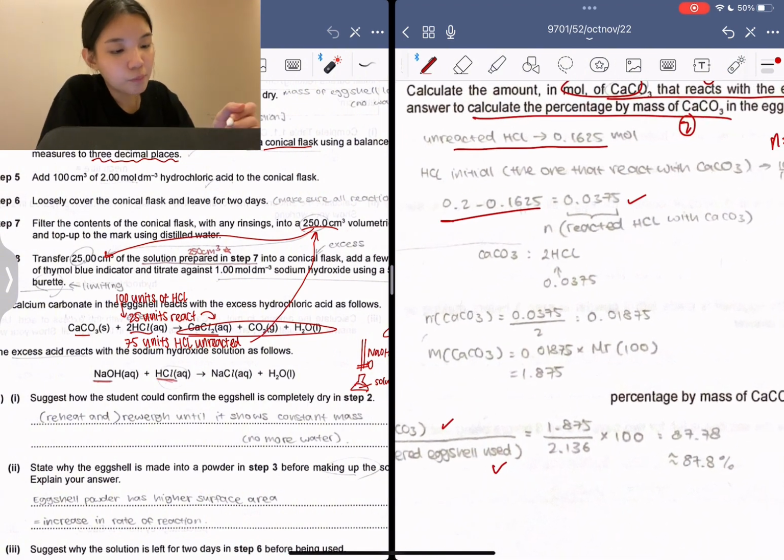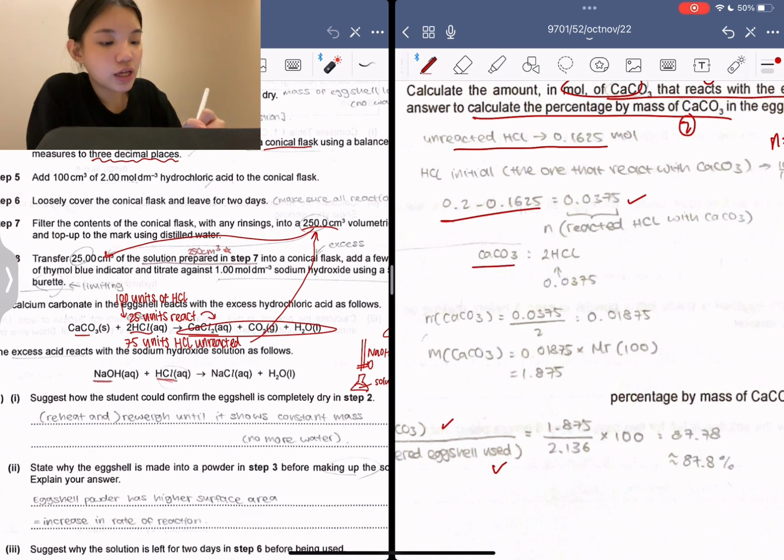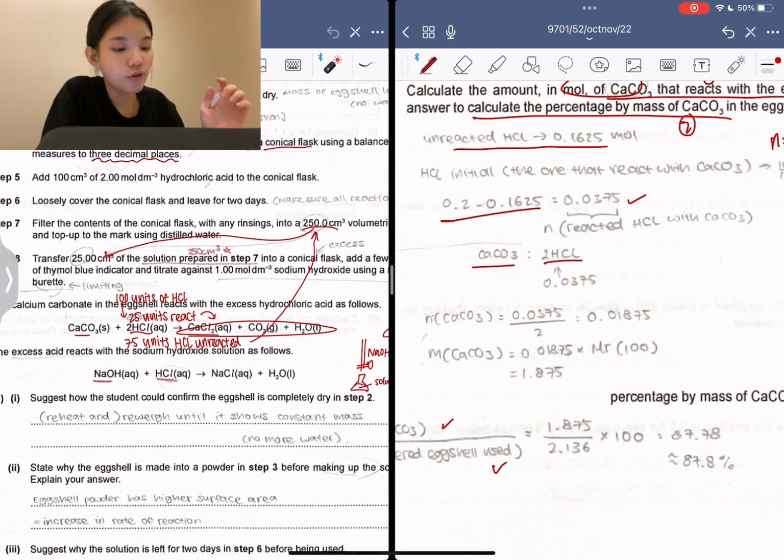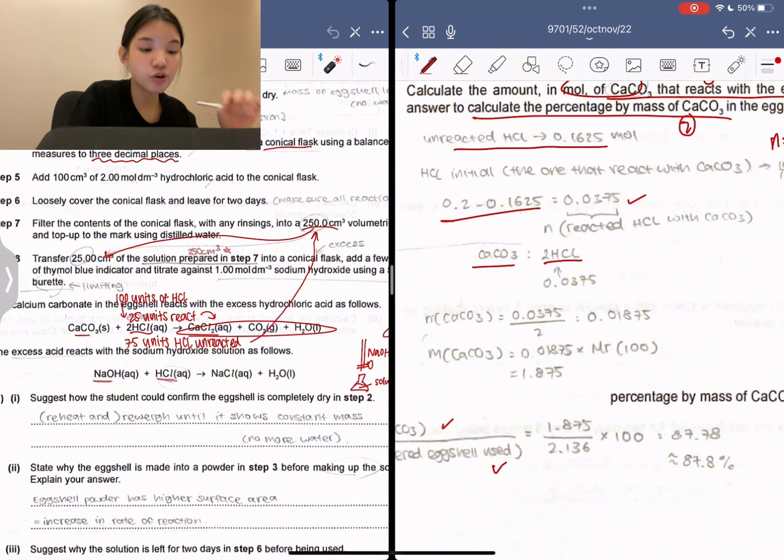You already have the moles of HCl that reacts with CaCO3, and because CaCO3 to HCl is a 1 to 2 ratio, you would divide 0.0375 by 2 to get the moles of CaCO3, 0.01875.